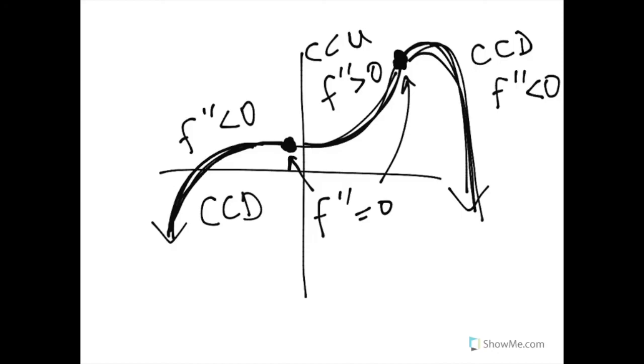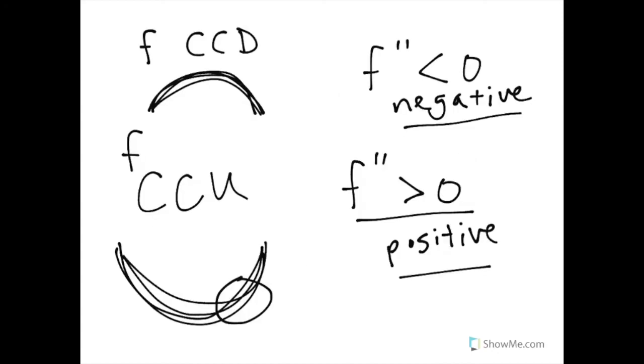That actually brings up an interesting point. One thing I wanted to mention, but kind of forgot about over here: when we talk about concave down and concave up, notice they don't really have anything to do with increasing or decreasing. When we look at concave down over here, there is a part of the concave down graph that is increasing, and there is a part that is decreasing.